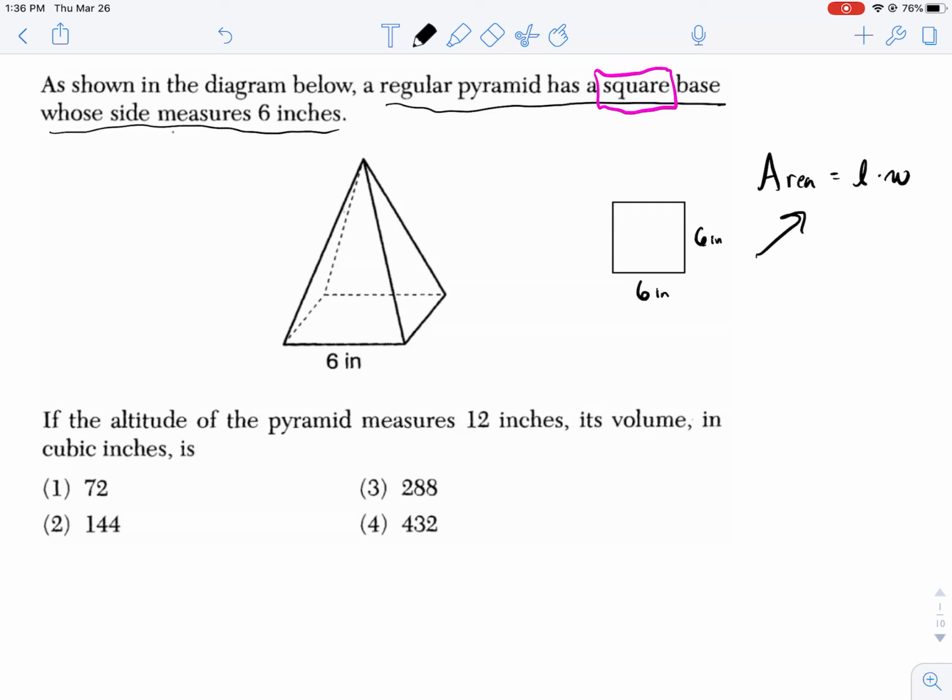Now, when finding the volume, because that's what we're looking for, we're not looking for area, we're looking for volume. This is a 3D shape. Right? The volume of a regular pyramid is 1/3 big base times the height.